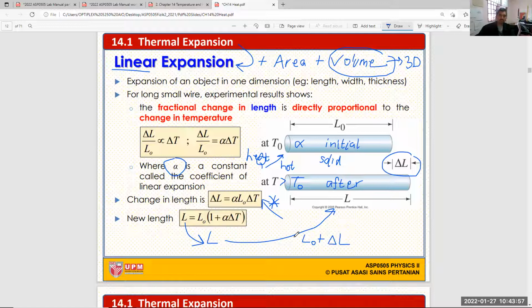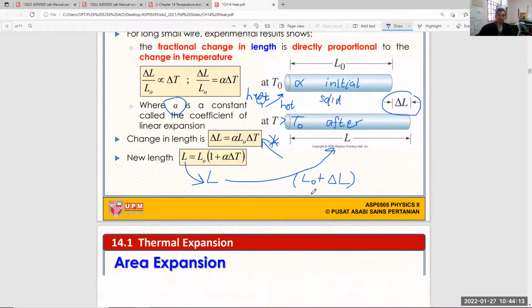The total of both the initial length and also the expansion delta L, so that you can have this form. I think this is already put in brackets. Anyway, importantly, know what your delta L is. This is the equation, so you can see your text.